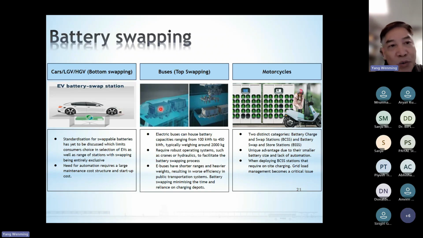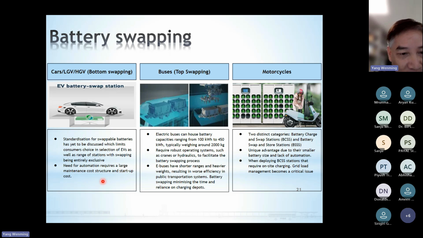Okay, last one is battery swapping. For the car, basically it is bottom swapping. You can see we can swap the used battery, replacing the flat battery with a newly charged battery, correct?